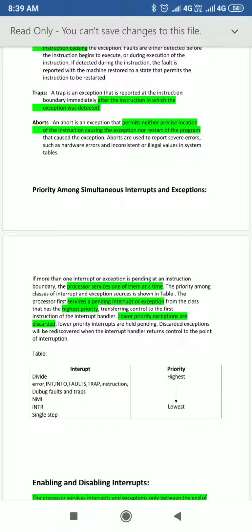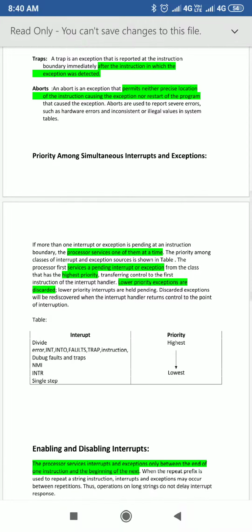Now, our next topic is priority among simultaneous interrupts and exceptions. All of you might be clear about interrupts and exceptions, the types of interrupts and the types of exceptions.